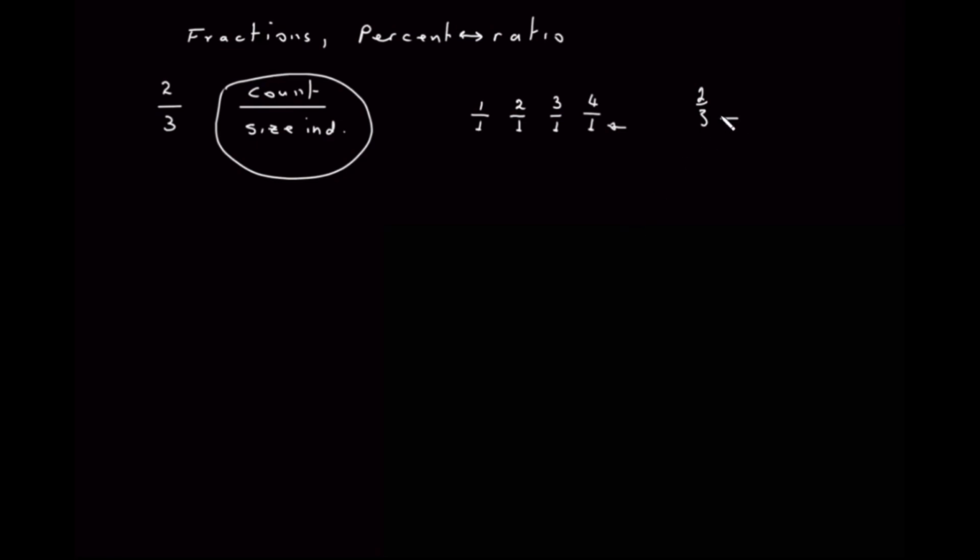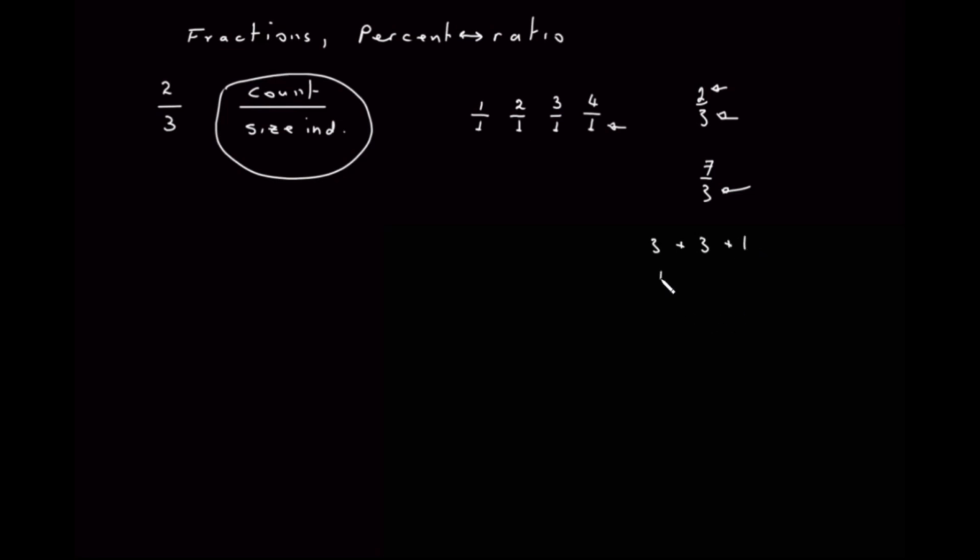This one takes 3 of what you're counting to make a complete one of something. As this is less than 3, we don't have a whole one of something. We have a smaller part of it. If this was, say, 7 over 3, it would take 3 of what we're counting to make a complete one of something. Well, 7 is 3 plus 3 plus 1.